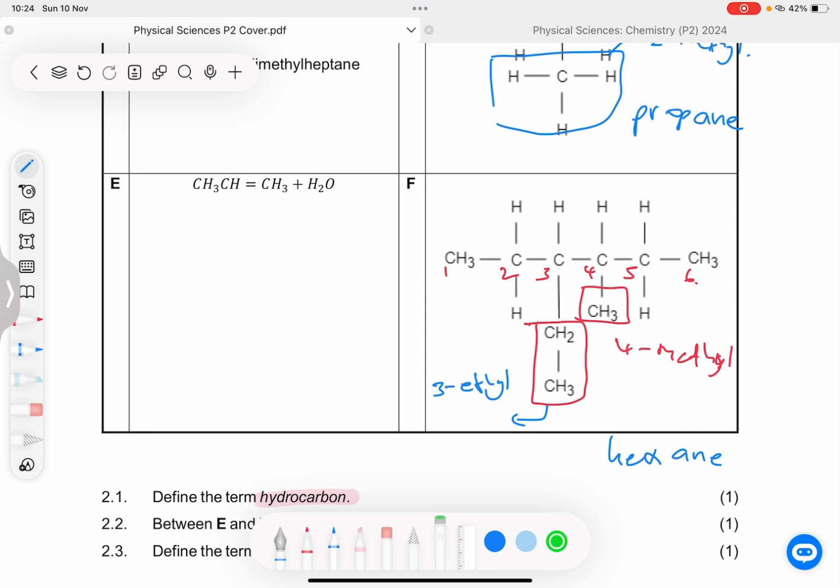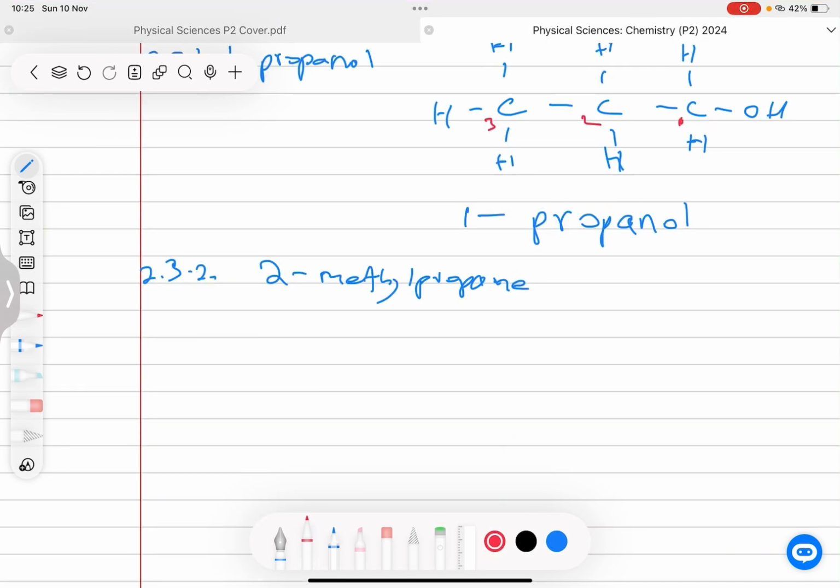Now we're going to combine this to form the entire name. We're going to combine this and that with our base name. Remember, this is our base name, to then find the overall name of our molecule. Now, the rule says that if we have two different branched groups, we name them alphabetically. So now if you check here, the E comes before the M. So I'm going to start my name with 3 ethyl, because the E comes before the M alphabetically.